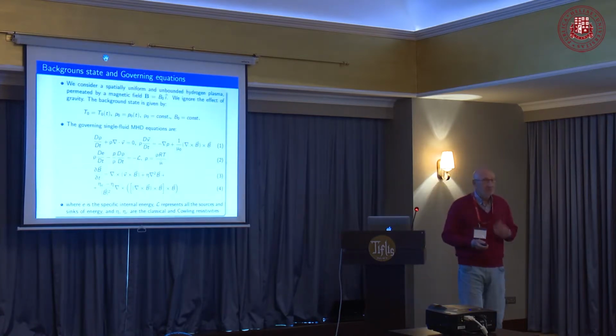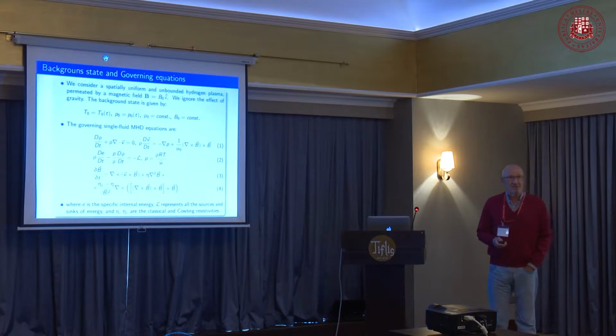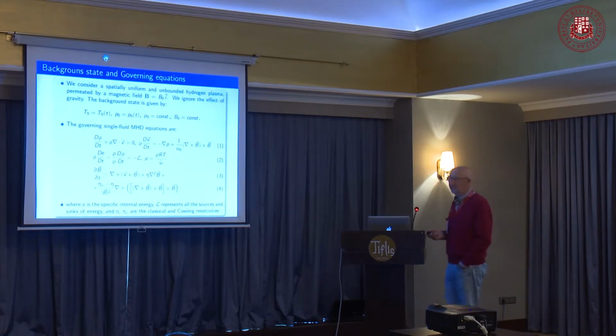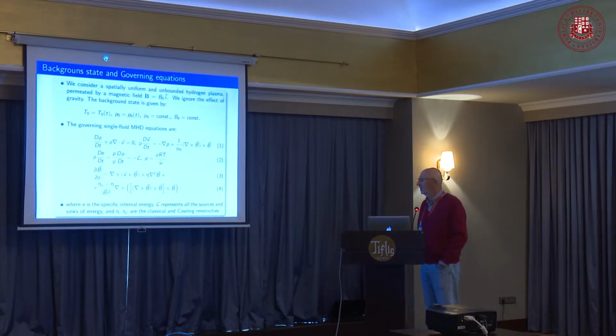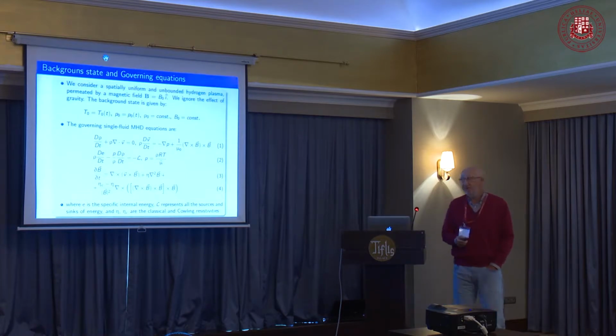We consider a very simple model, a spatially uniform and unbounded hydrogen plasma with a horizontal magnetic field. We neglect gravity, and the background state is given by these expressions. The temperature is a function of time, pressure is a function of time, and density is constant, and the magnetic field is constant.